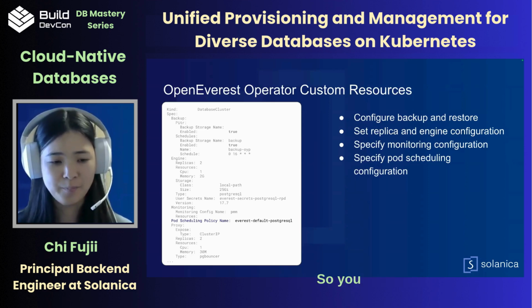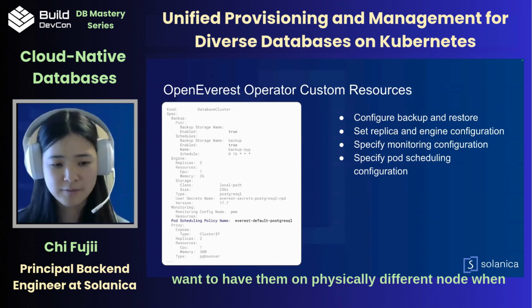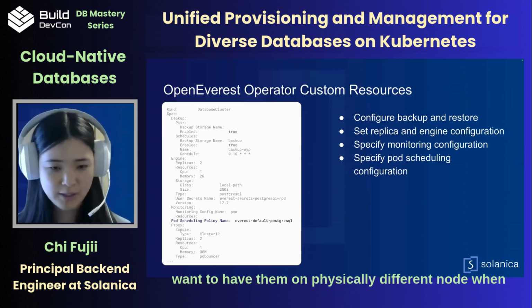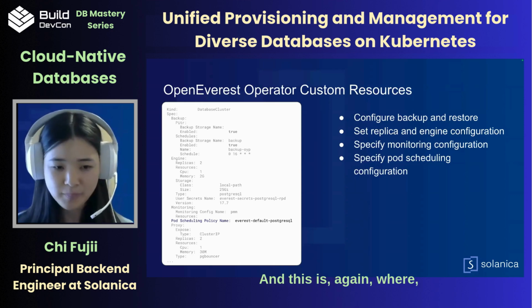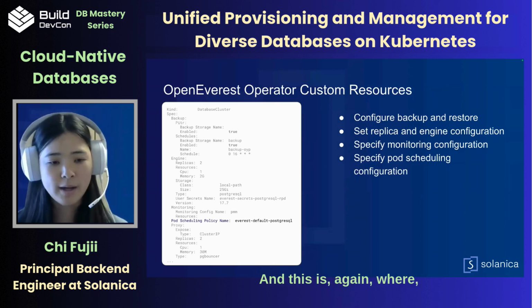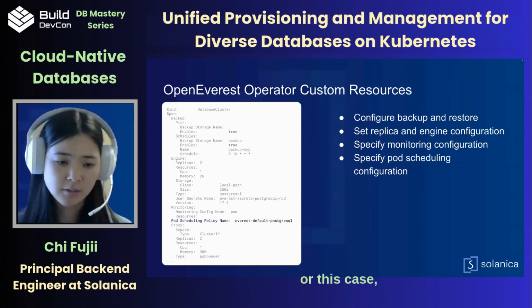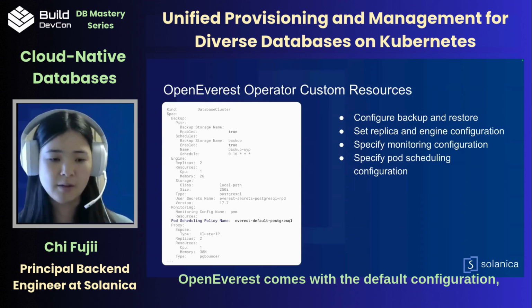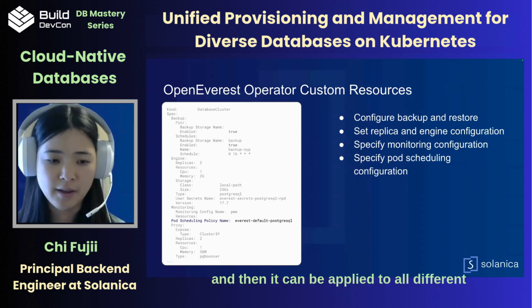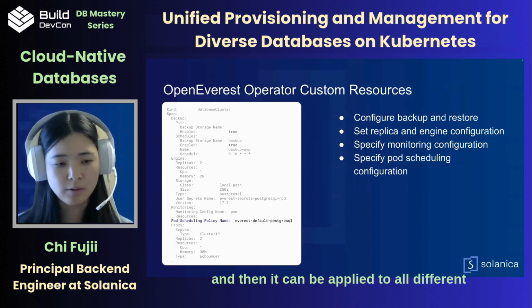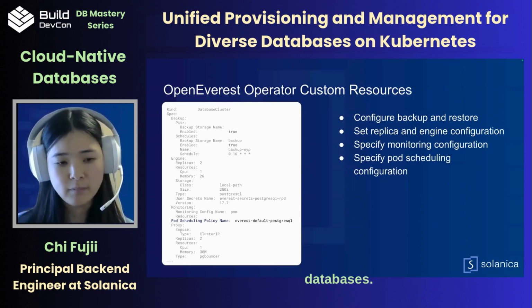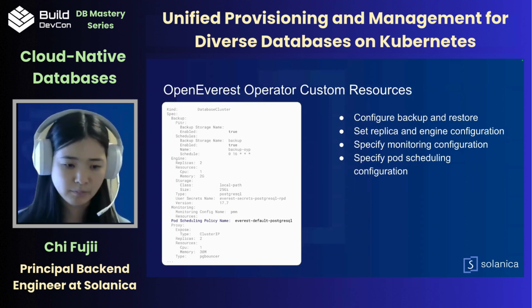So you want to have them on physically different nodes when you schedule them. And this is again where you can define the configuration once, or in this case, OpenEverest comes with the default configuration, and then it can be applied to all different databases.